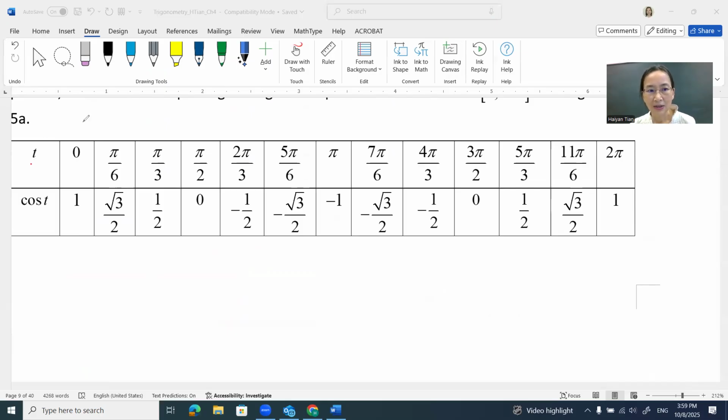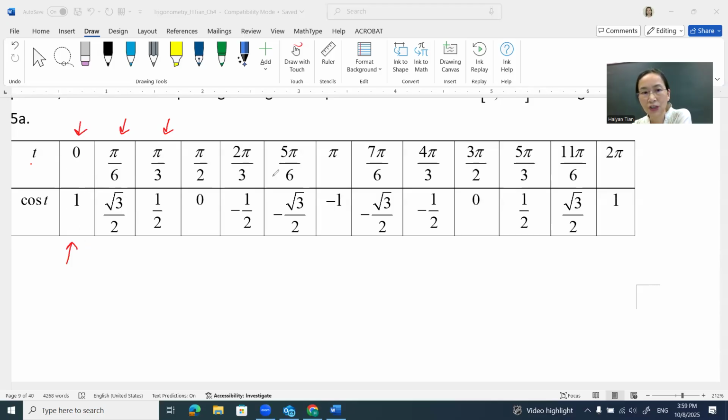So for this t, we just simply choose a number of special values, because on those special values of t, we can give the exact cosine value.